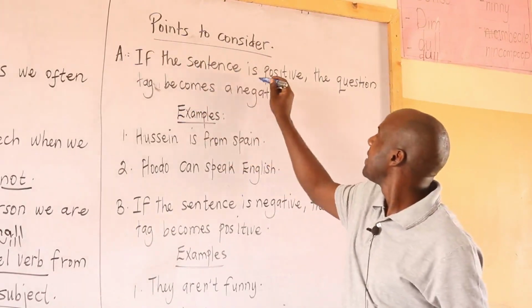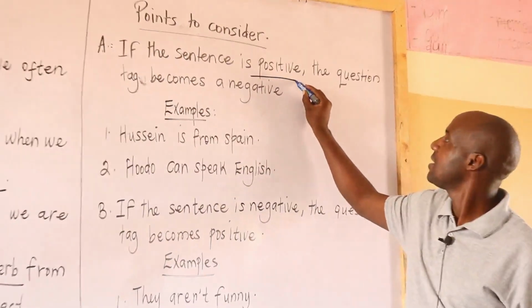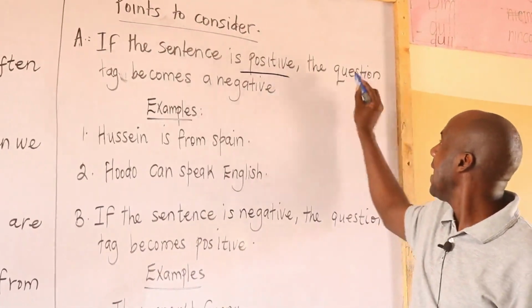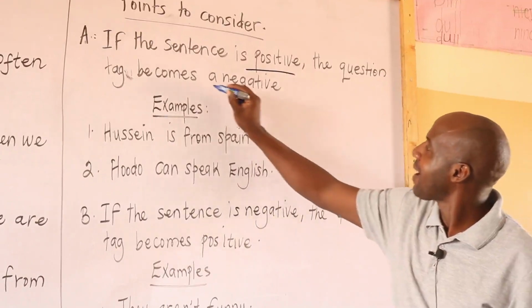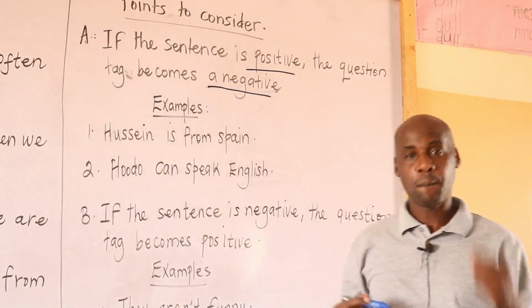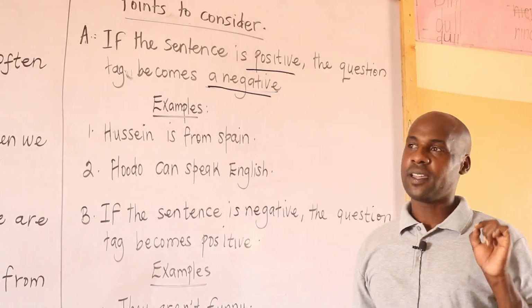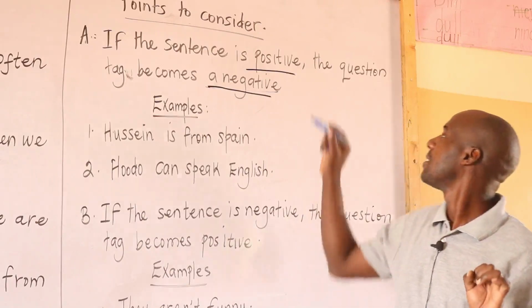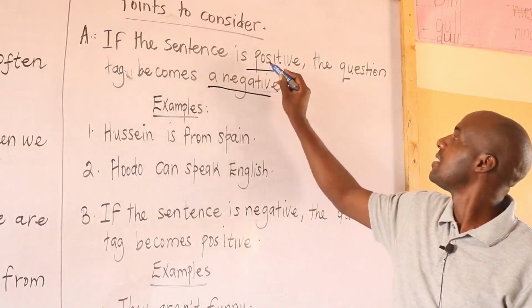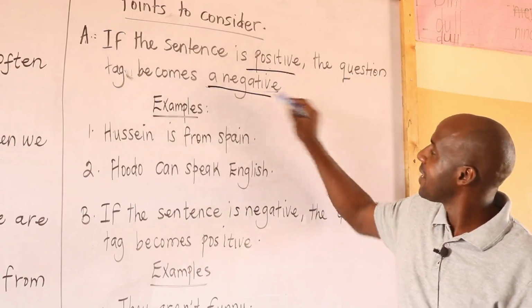One, if the sentence is positive, then the question tag becomes negative. I hope you know positive sentences and negative sentences. So if the sentence is in positive form, the question tag becomes negative.